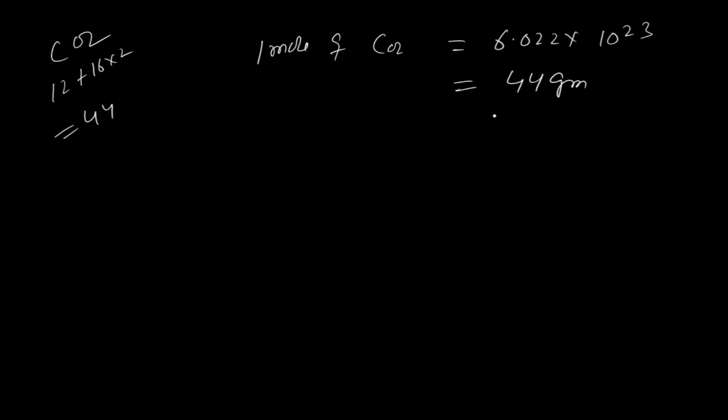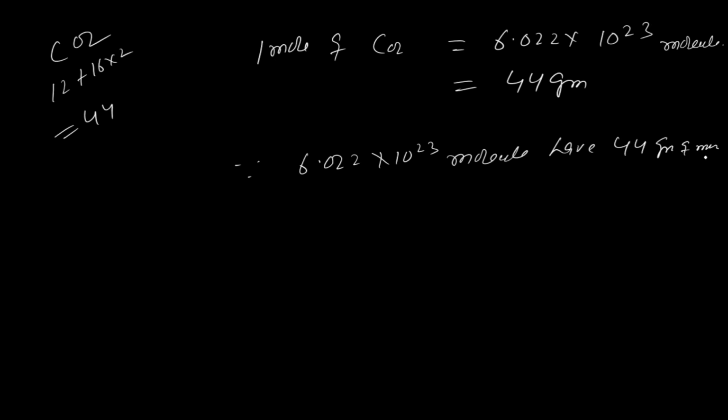In a similar manner, they are asking about one molecule of carbon dioxide. Since carbon dioxide is a molecule, 6.022 into 10 power 23 molecules will have 44 gram of mass.